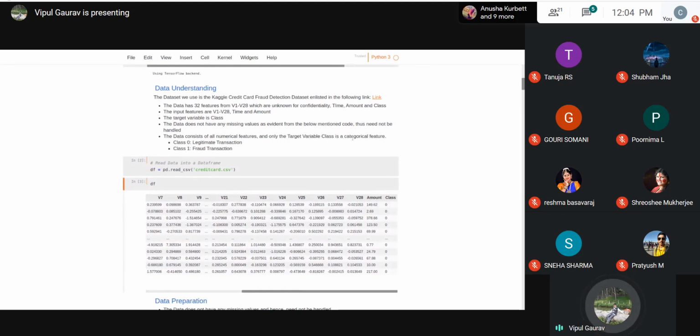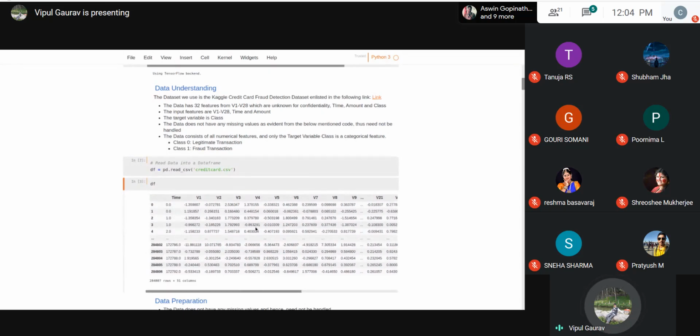So the first step will be, we need to identify what are our input set of instances. That means what is in the input data and what is the target variable, or rather what is the class label which we need to give, right? So there are, as I said, 32 features from V1 to V28, and the target variable is class.